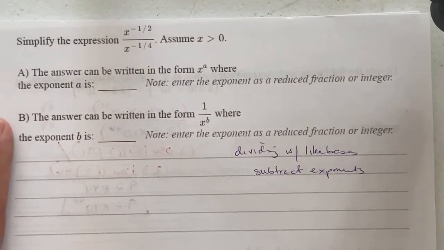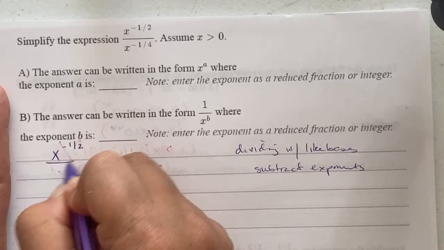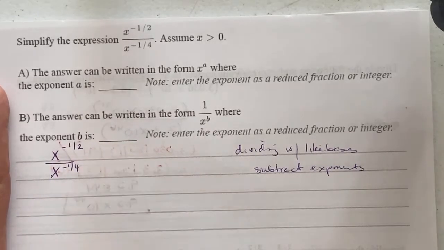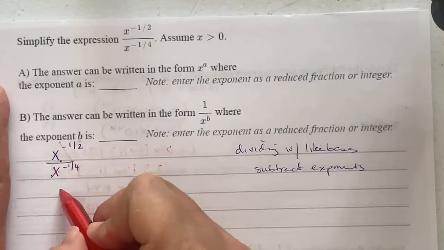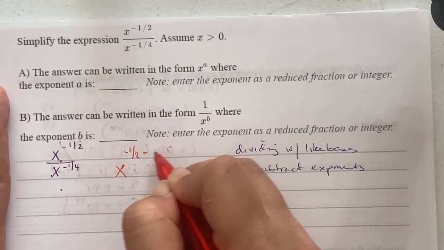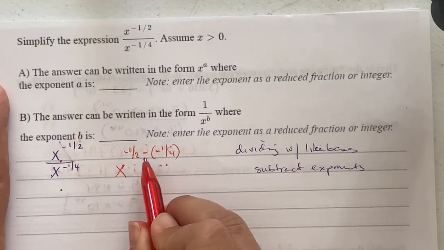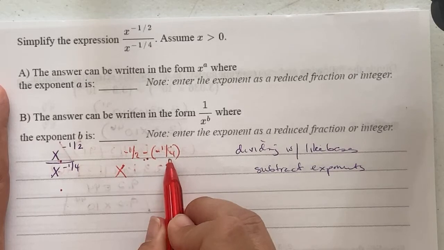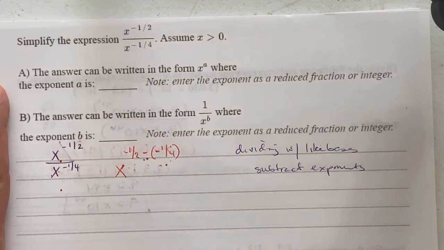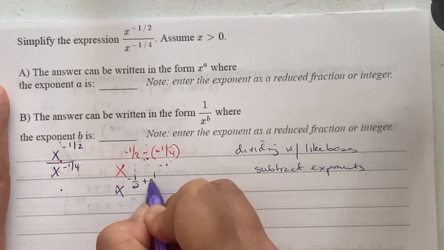So we have x to the negative 1/2 over x to the negative 1/4. Since the bases are the same, again, I'm going to write x to the negative 1/2 minus, and I'm going to put negative 1/4 in parentheses because it said minus, you're subtracting it. If I didn't, I would not see the sign change. Now I become x to the negative 1/2 plus 1/4.